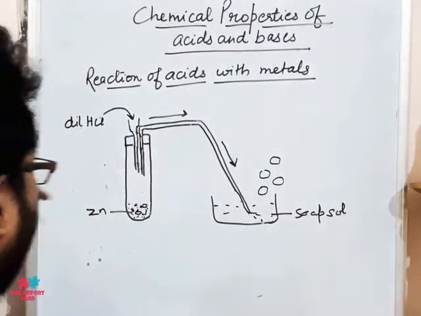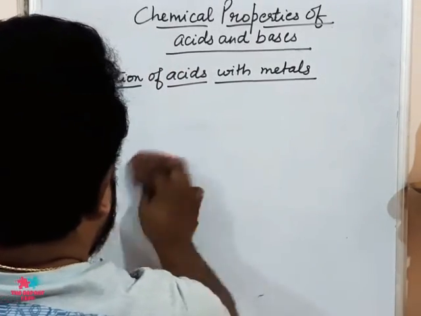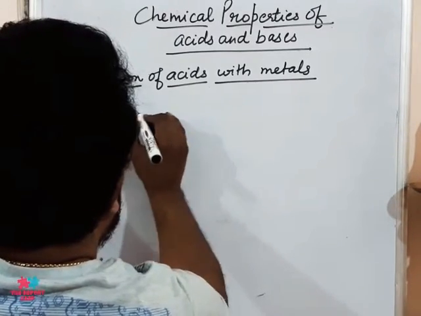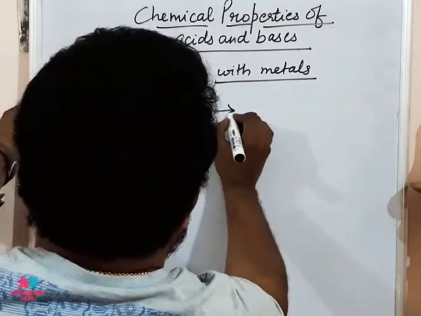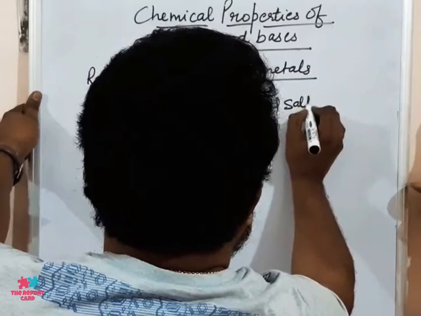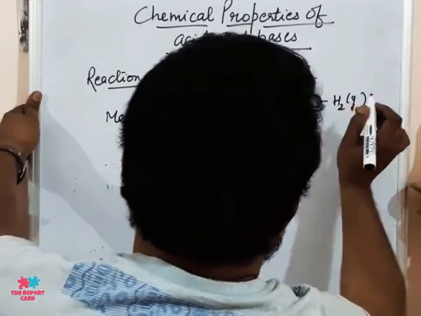Okay, so I will give you an example. You can note it down. Metal plus acid will give you metal salt plus hydrogen gas.